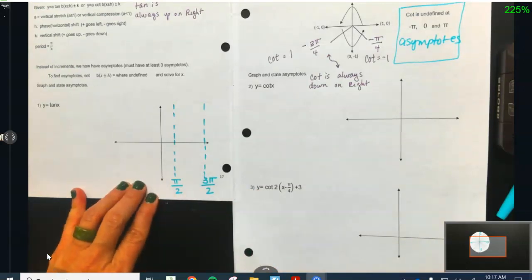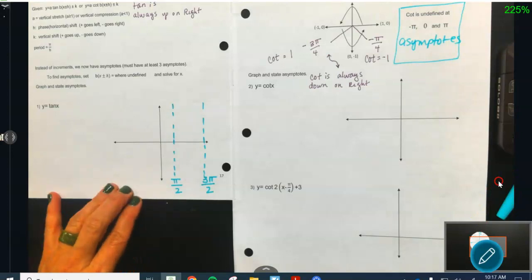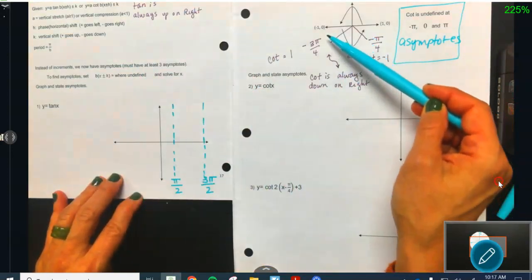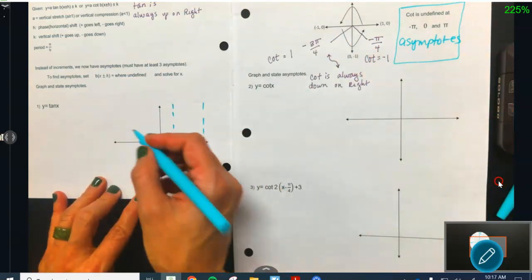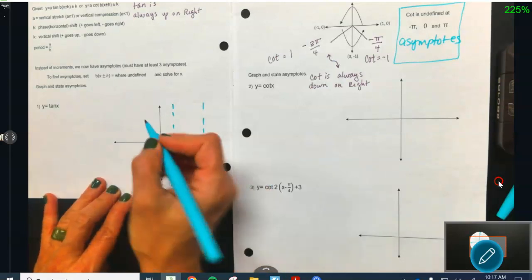Those are asymptotes. What if I go clockwise? I would be at, well, it's the bottom of the circle, but when you go clockwise, it's just negative pi over 2.